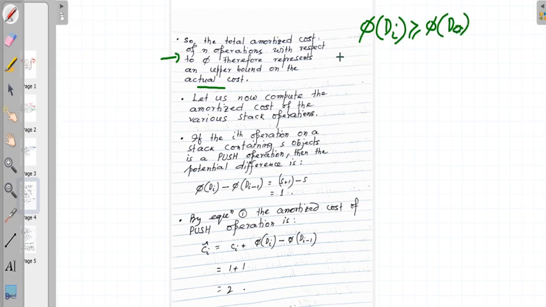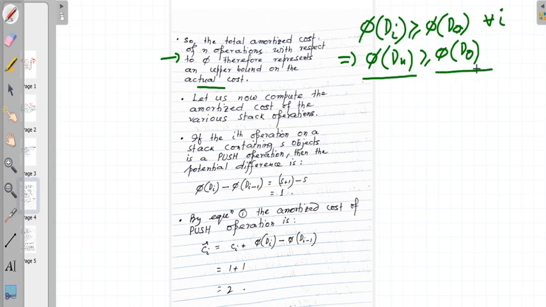Then the total amortized cost is the sum over all i of Ci plus phi of Dn minus phi of D0.